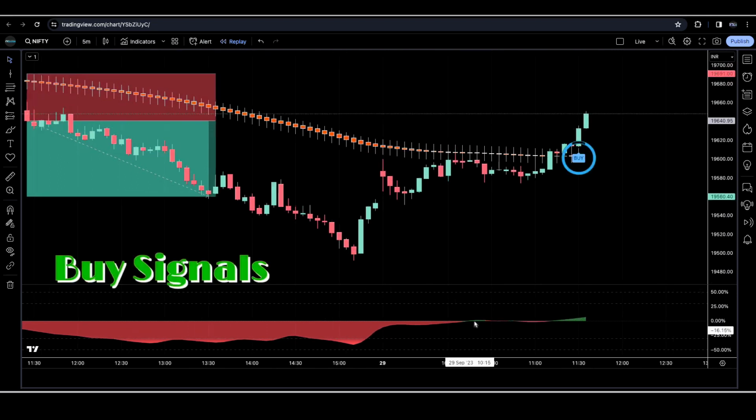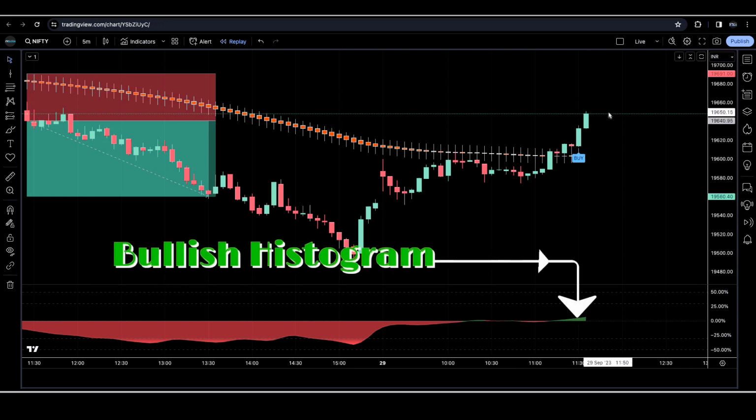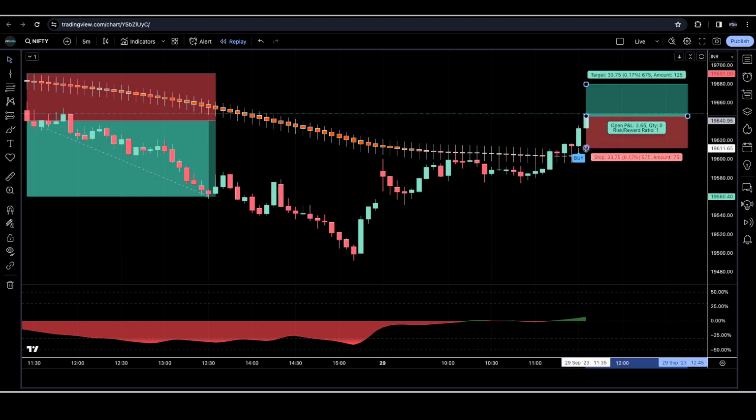Here the Heikin Ashi smoothed indicator has given us buy signals. The market has made 2 bullish candles to give confirmation. The rolling volume of Heikin Ashi rolling indicator shows a bullish histogram. All these conditions are met, we will place a buy order. Our stop loss will be placed at the Heikin Ashi smoothed indicator of candle lower.